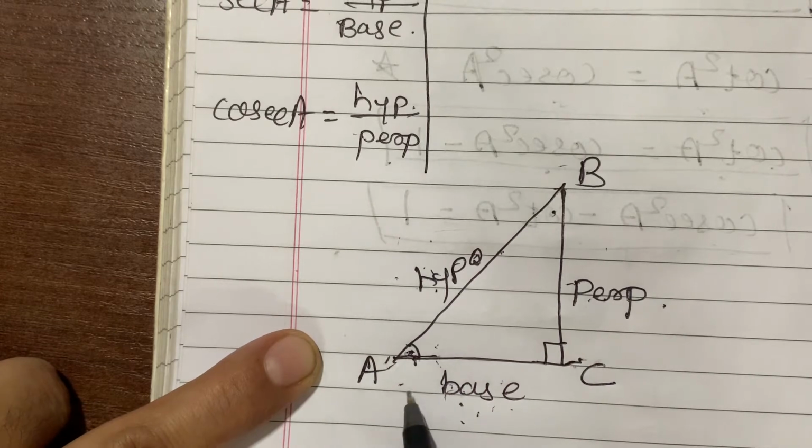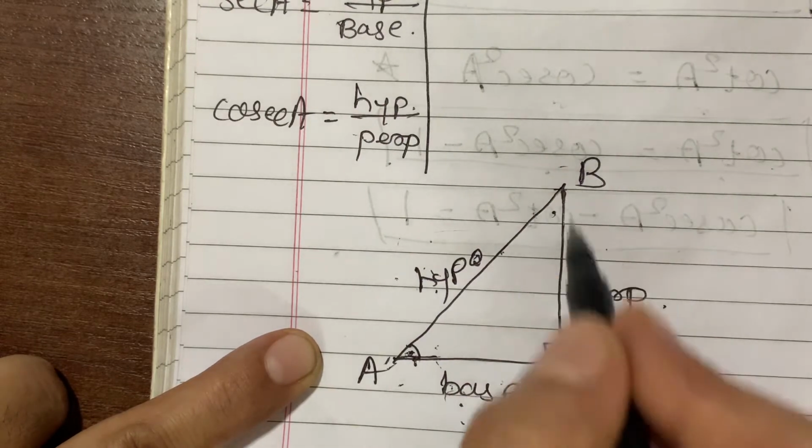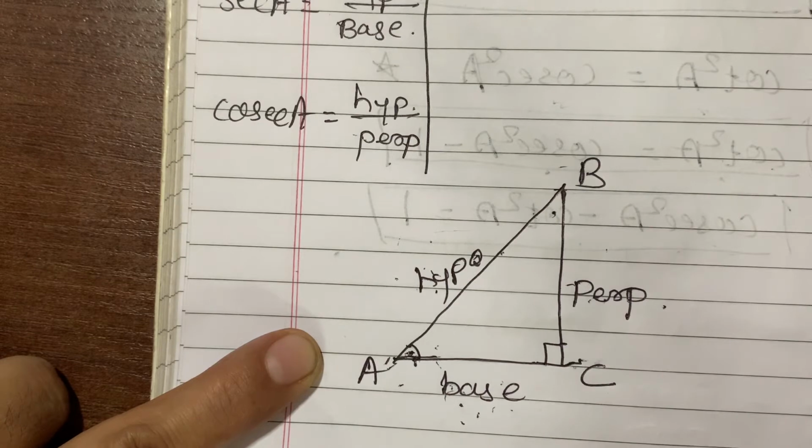In previous classes we studied that, suppose a rocket is launched and you have to find the altitude of the rocket from the base. The altitude is nothing but a perpendicular distance, the shortest distance from the object.